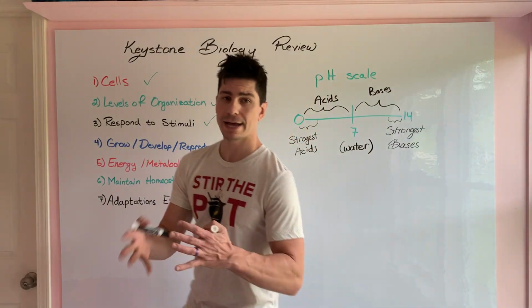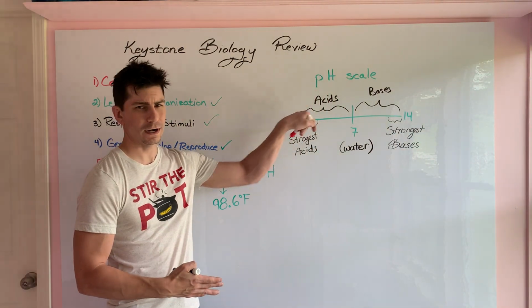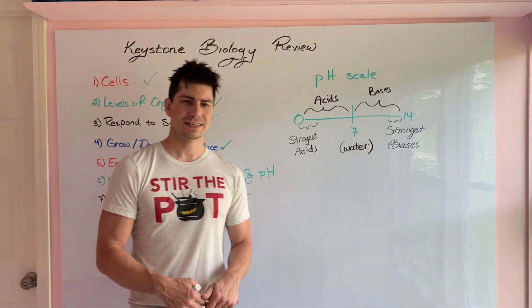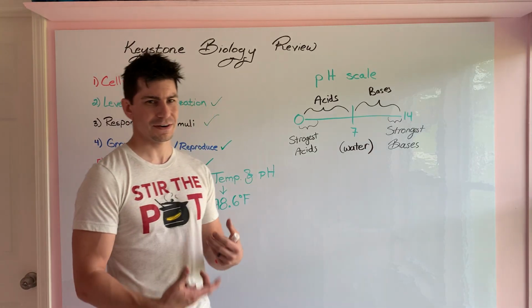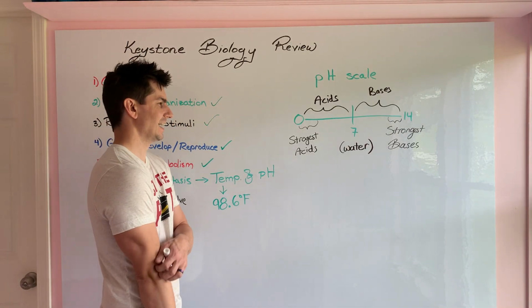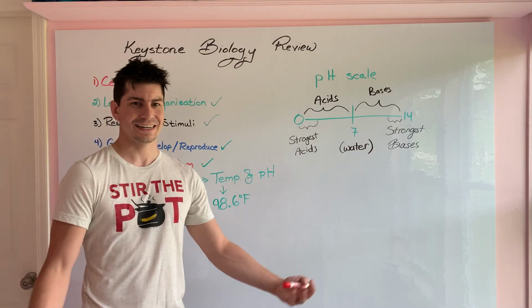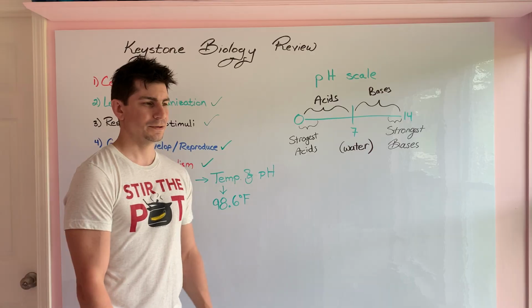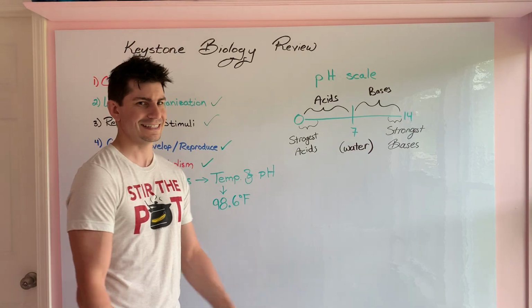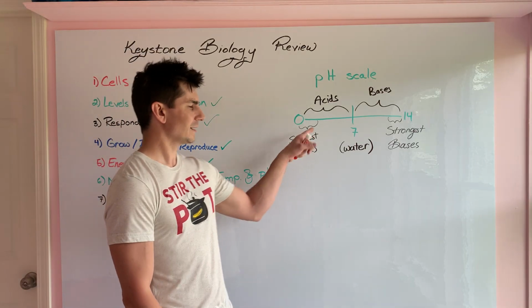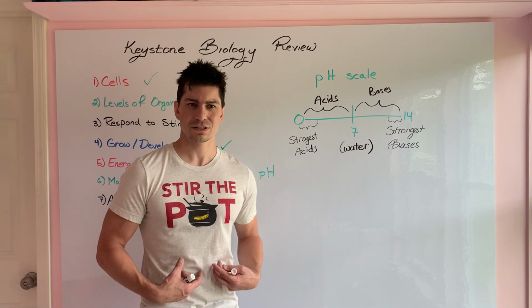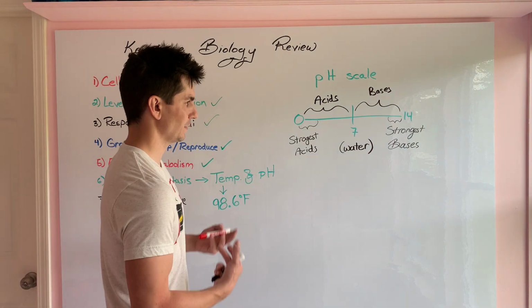When we have strong acids, 0, 1, 2, these are things that are not going to be very good for us. Strong acids like sulfuric acid, battery acid, if you eat these, you are going to die. Okay? Simple as that. But around a 2, that's actually the acid in our stomach, and we're okay with that acid being inside of us.